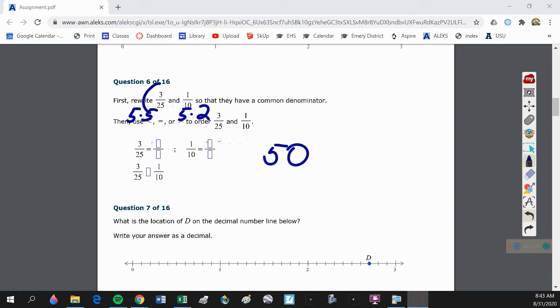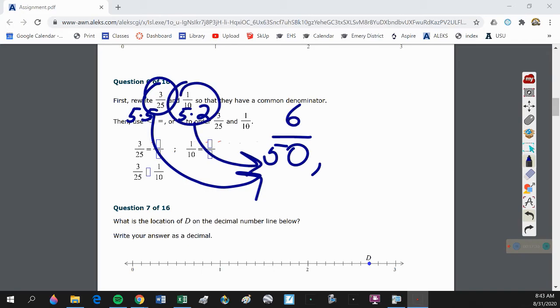What do I need to do to this to turn it into 50th? Times it by 2, so I get a 6. What do I need to do to this to turn it into a 50th? Times it by 5. So 6/50 and 5/50. We good with that? Okay.